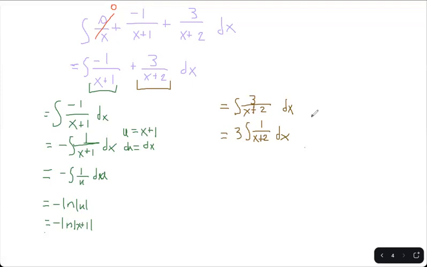Technically, we take the derivative. Since we're doing two u-subs, so as not to confuse them, I'm going to change u to be w: w equals x plus 2, so dw is equal to dx.